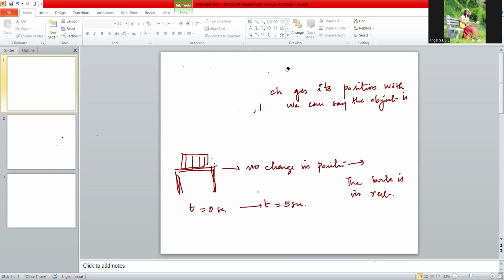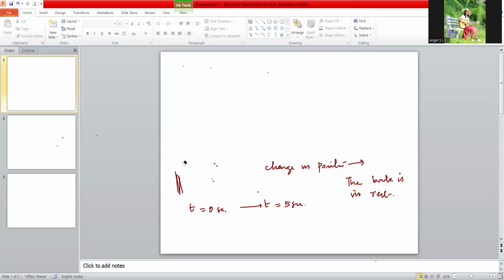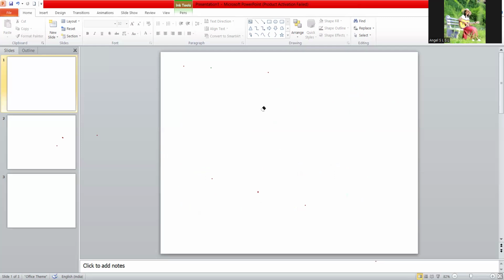When an object moves, it will have speed or velocity, right? So we'll go for a problem. We can do the problems as well as the concepts. First, we can see what is speed and velocity.